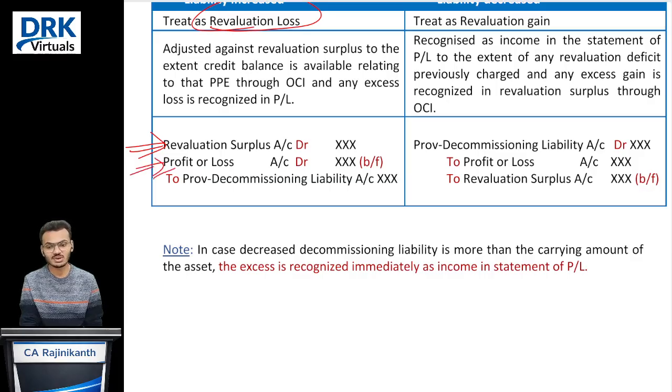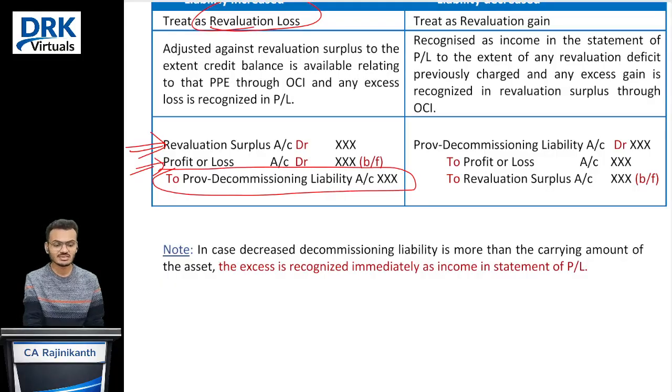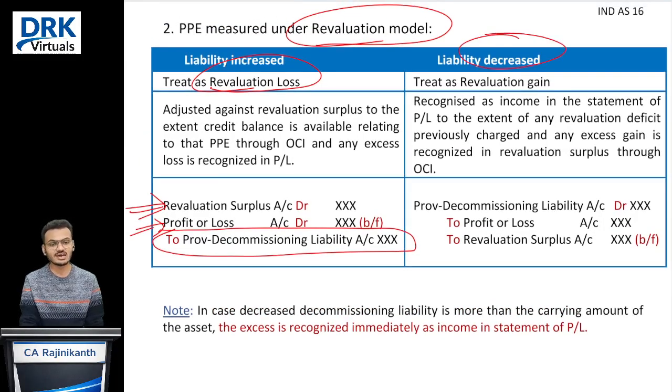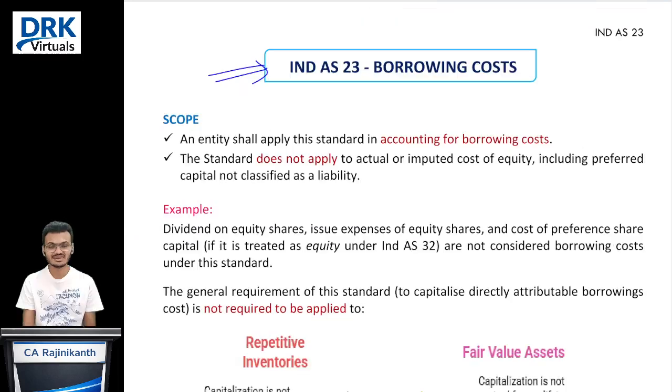As usual, our liability is increasing, so you credit to provision for decommissioning liability. Suppose our liability is decreasing, assume it as a revaluation gain. First you recognize that gain in profit or loss to the extent of earlier loss, and the remaining balance you recognize in revaluation surplus, meaning OCI part. And as usual, liability is decreasing, so you decrease the provision by debiting it. That's it, sir.